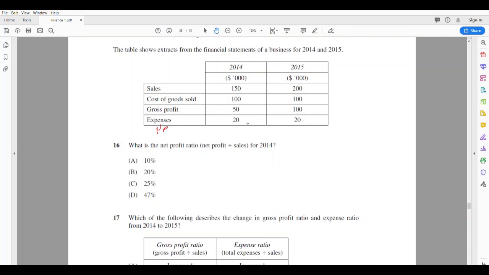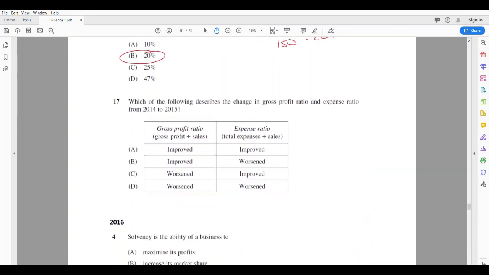We get our gross profit minus our expenses, so that'll be 30,000 for 2014. In 2015, 100 minus 20 equals 80,000. Okay, so what is the net profit ratio for 2014? Net profit is 30 over 150, which is equal to 20%. That was pretty simple maths.